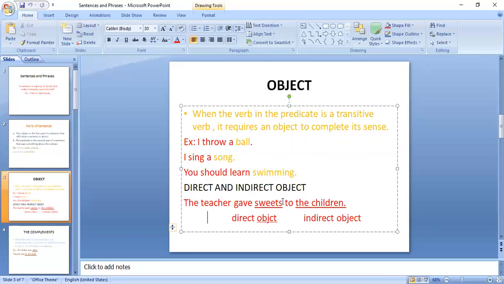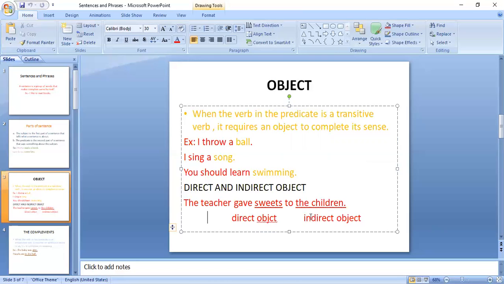This is the direct object. The noun tells us what the verb is answering. The teacher gave what? The teacher gave sweets. Sweets is the direct object.